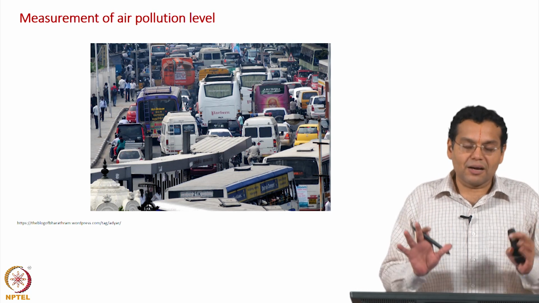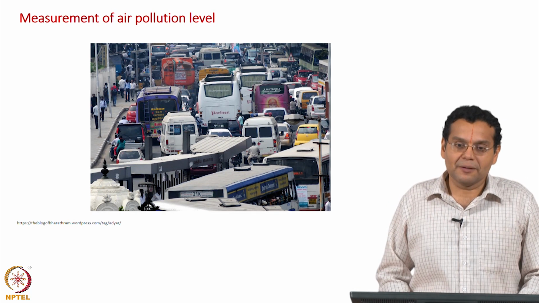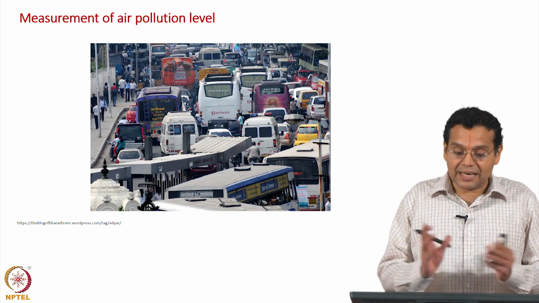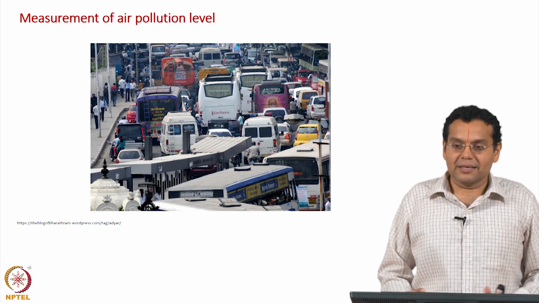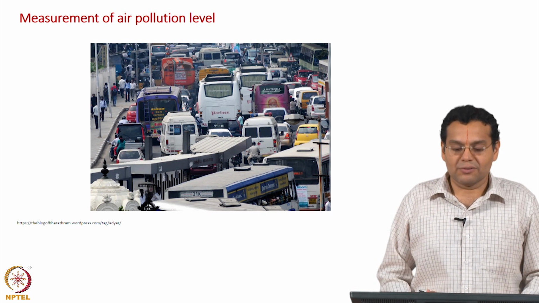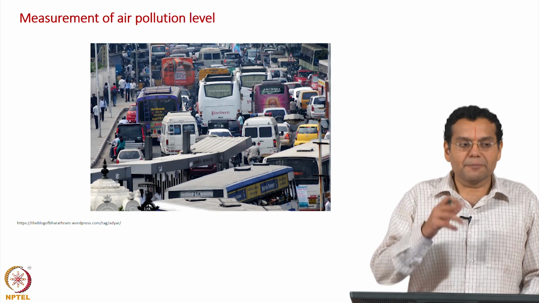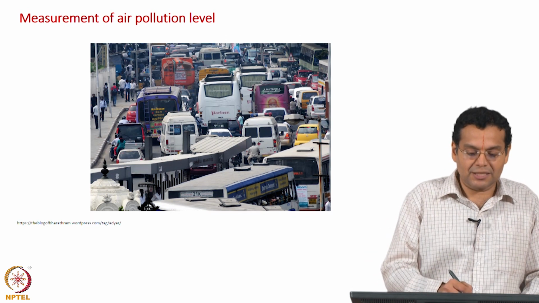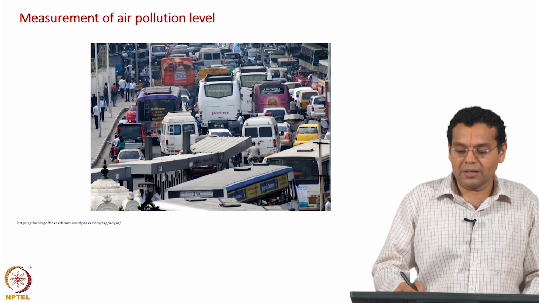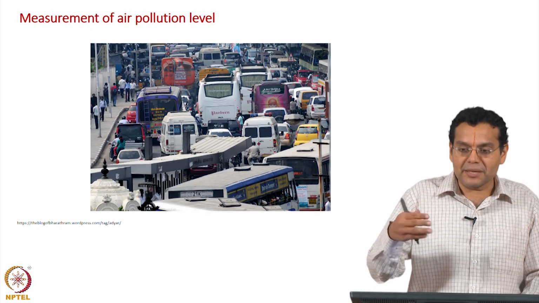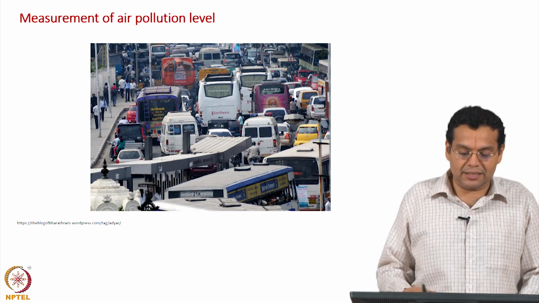Now, analogous to the description we had earlier, I can describe the pollutant level in this region in two different ways. What is the first way? I would keep sensors at several spatial locations on the road and make them measure the pollutant concentration. Let us take CO2.